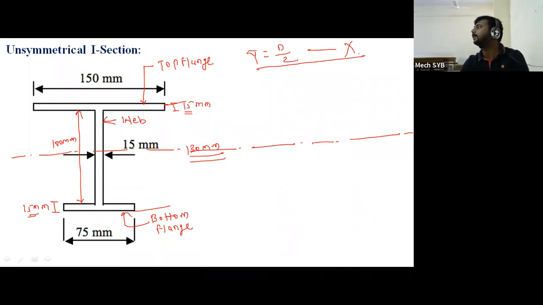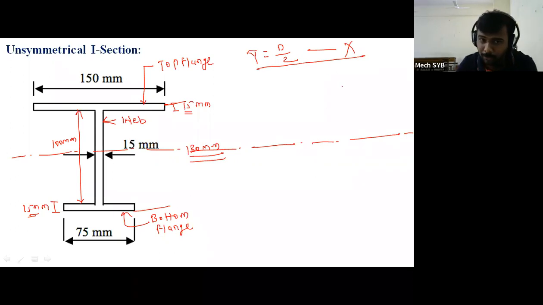Why? This formula will not be applicable. Why? The section is not symmetrical about the x axis. Is the section symmetrical about the x axis?